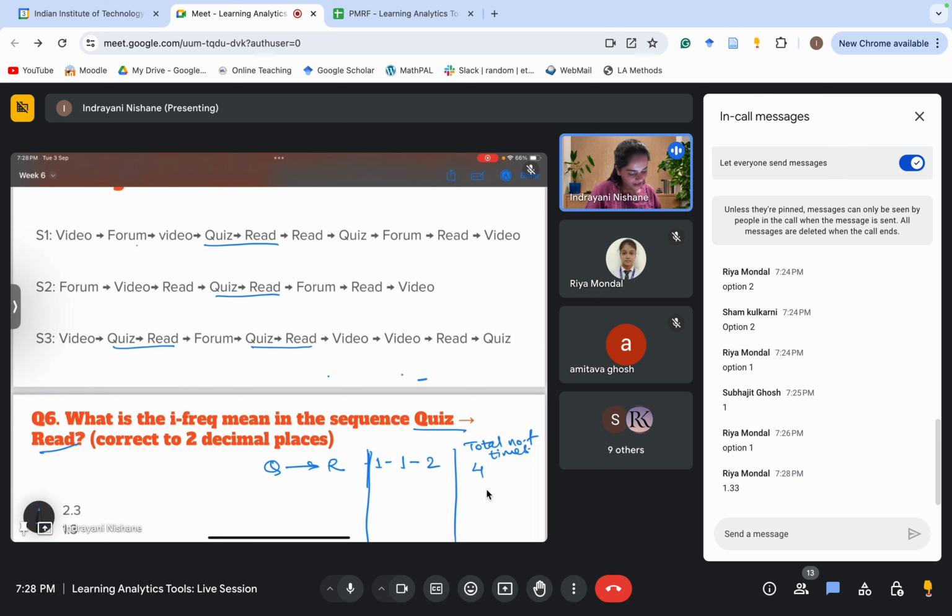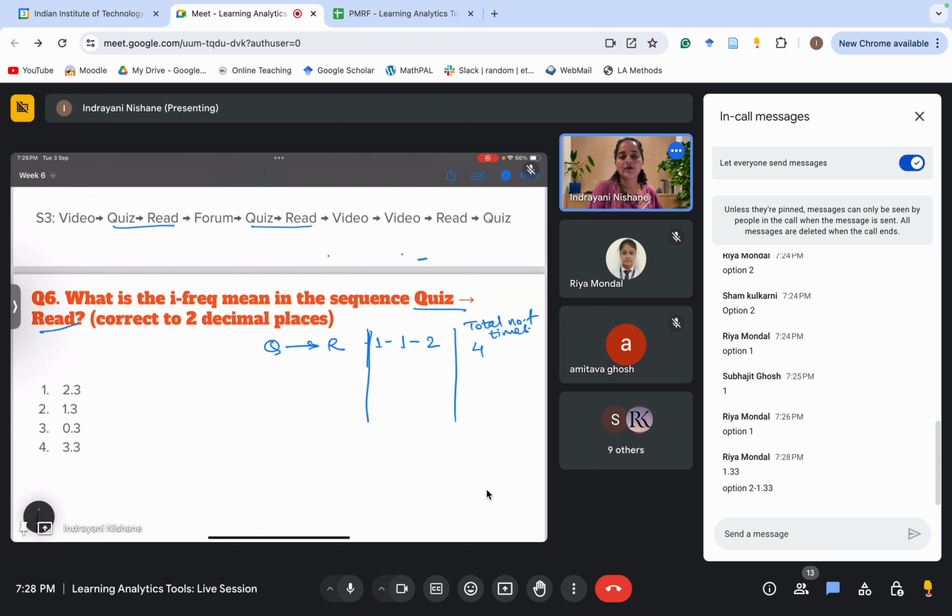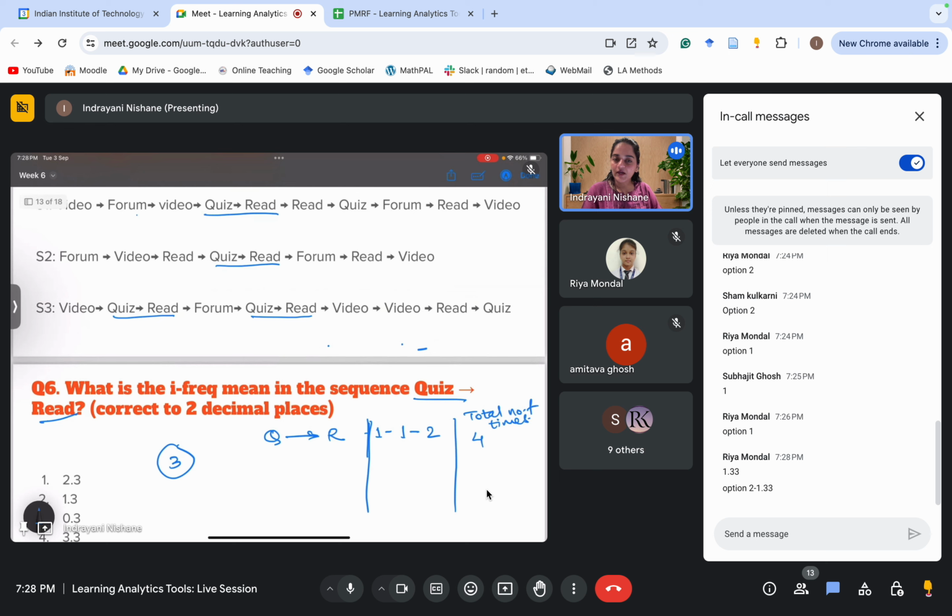Now we have to calculate I frequency. What is I frequency? For each student, how many times that particular pattern has occurred, right? So what is the total number of students in our sample? 3, S1, S2 and S3.